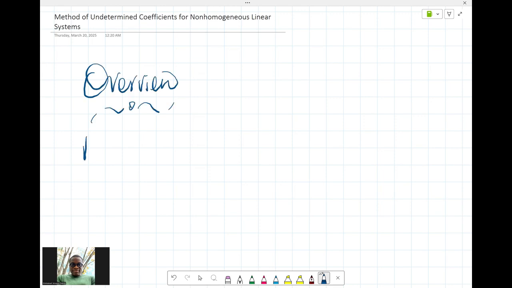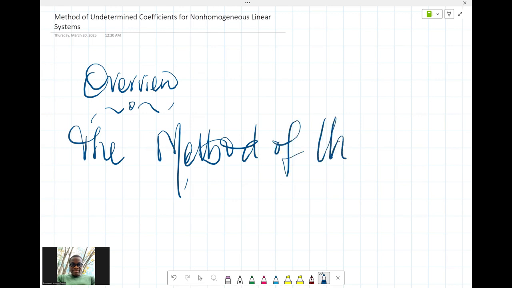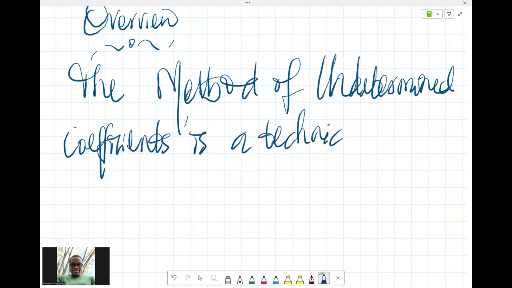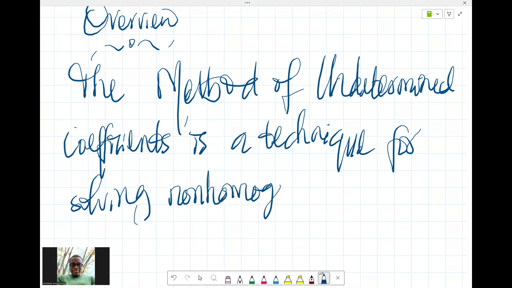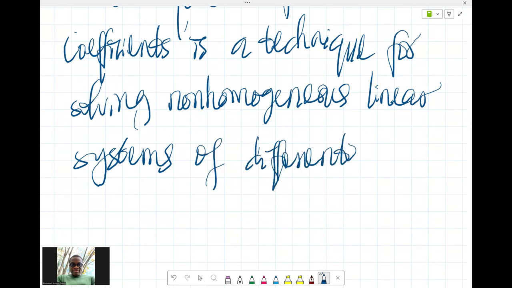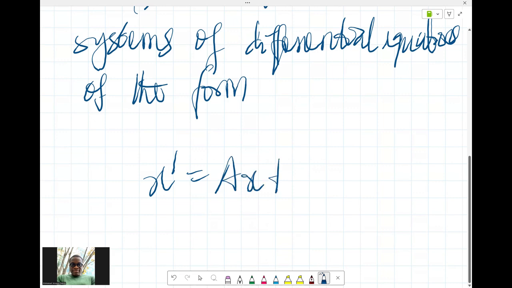So an overview: the method of undetermined coefficients is a technique for solving non-homogeneous linear systems of differential equations of the form x prime equals Ax plus g of t.